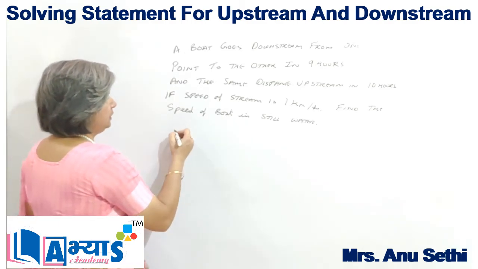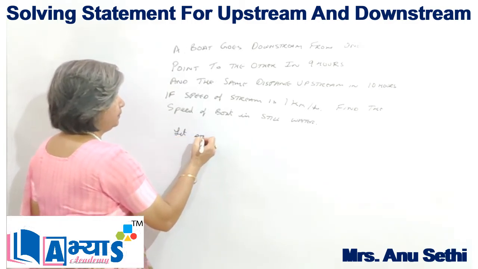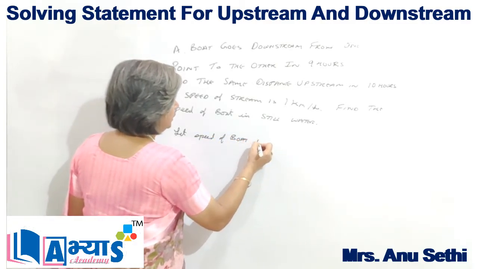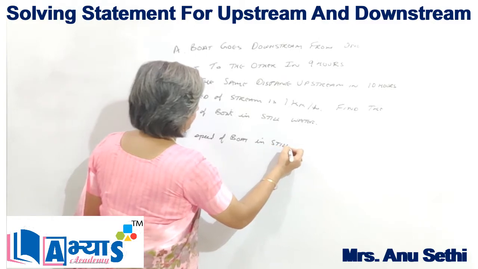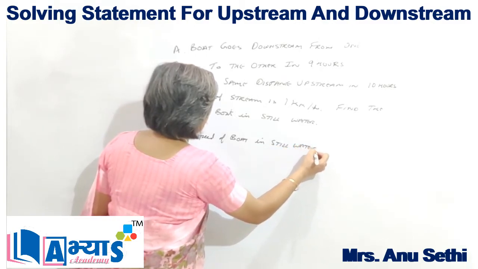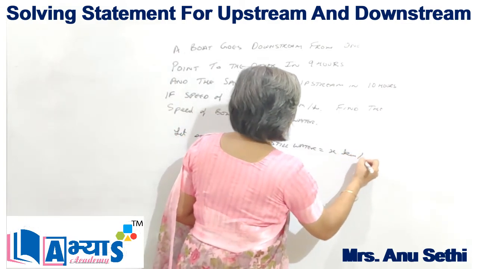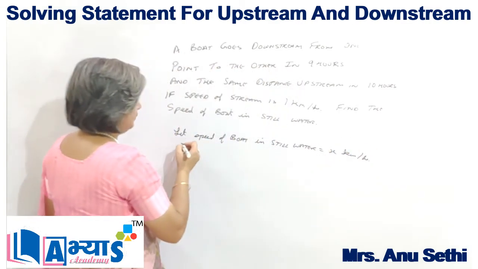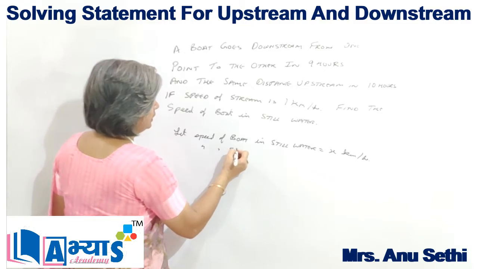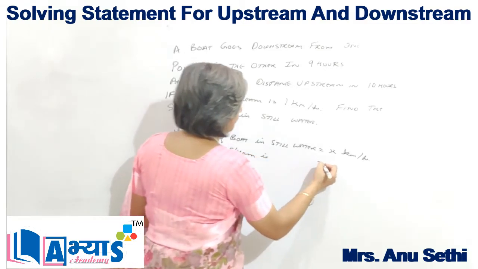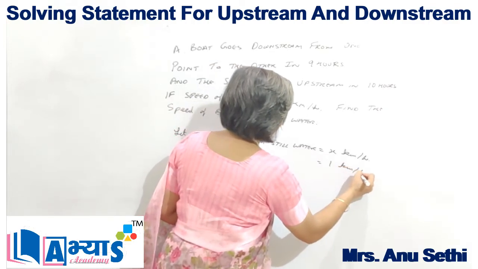So we'll assume the speed of boat. Let the speed of boat in still water be x kilometers per hour. Now speed of stream is 1 kilometer per hour.